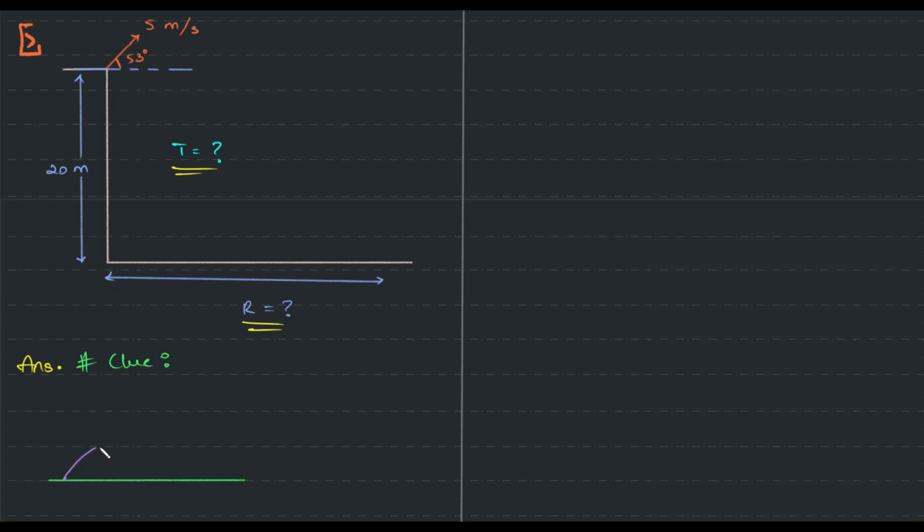So if I have an object thrown at a particular velocity and at a particular angle, so this is thrown at 5 meter per second at 53 degree, it will reach the ground at 5 meter per second at 53 degree. If you're able to understand this, done.